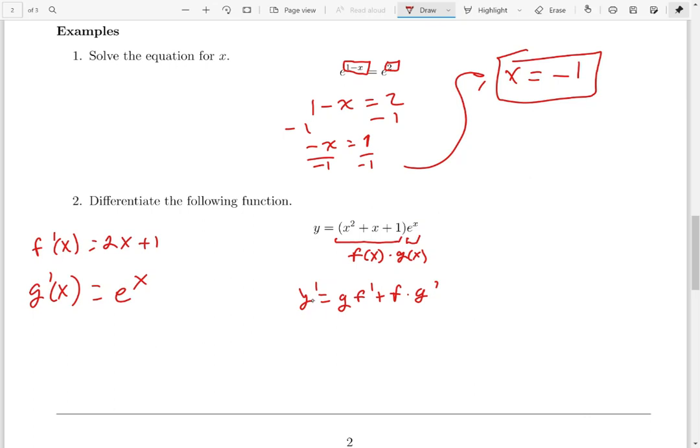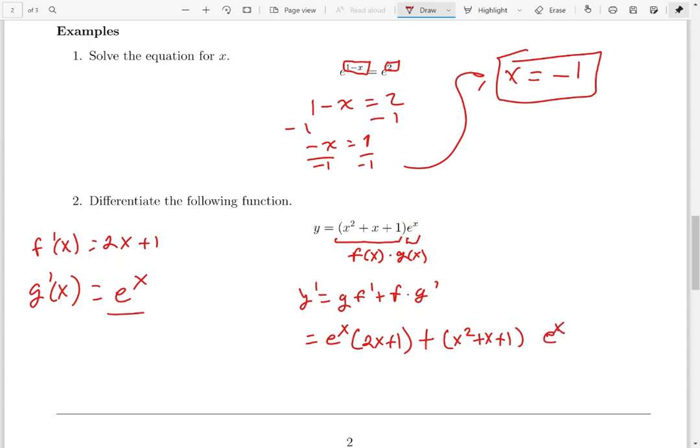So then when I find y prime, that's going to give me g, that's e to the x, times f prime. Well, f prime is 2x plus 1 plus, product rule, f times g prime. So f, that's going to be x squared plus x plus 1, and then times g prime, but the derivative of e to the x is e to the x.